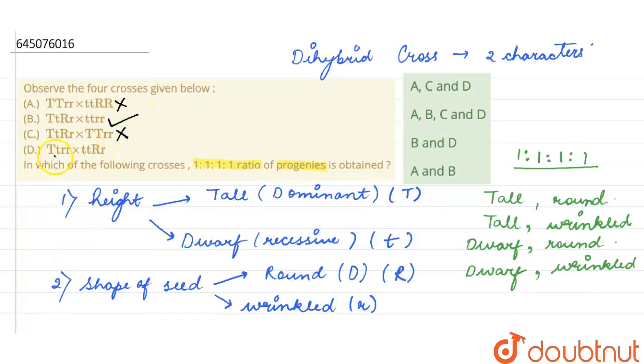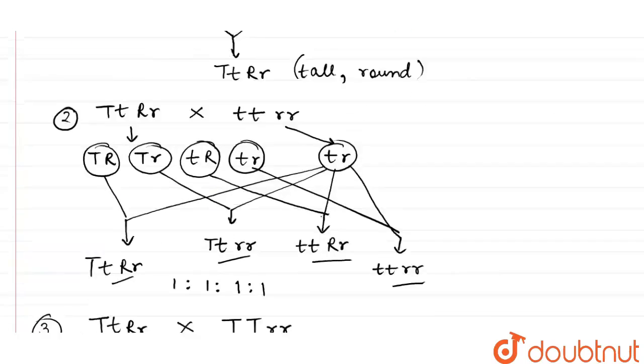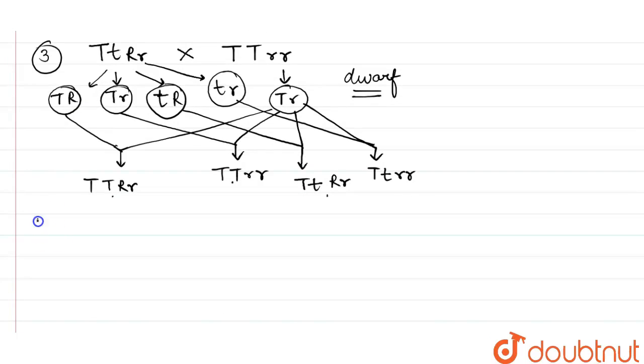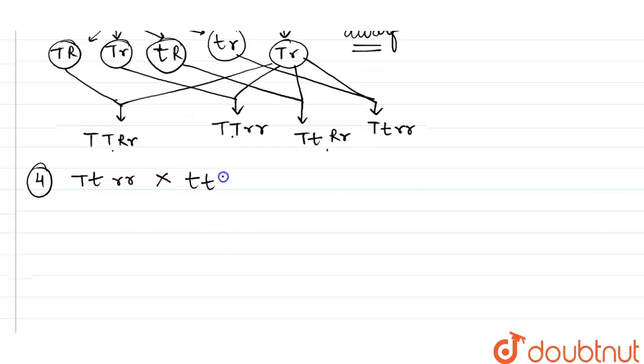And the last one is tall and wrinkled plant crossed with dwarf and round plant. Let's solve this one.